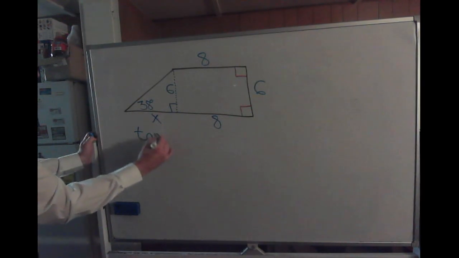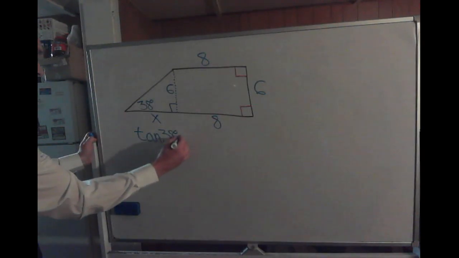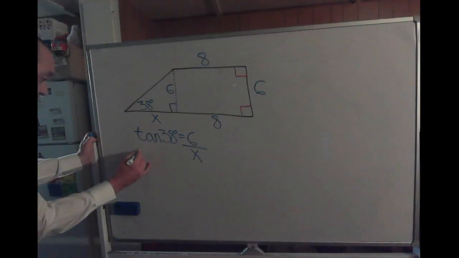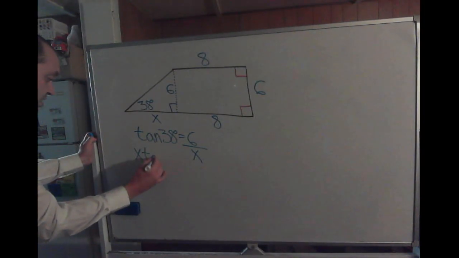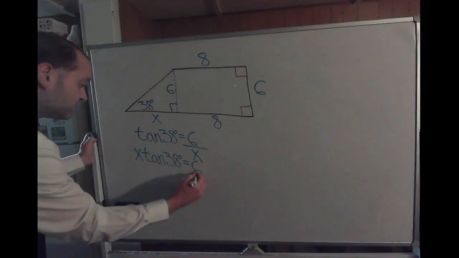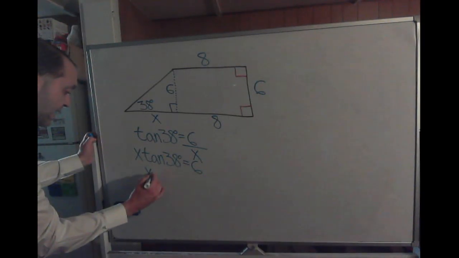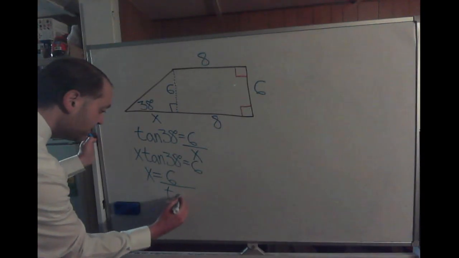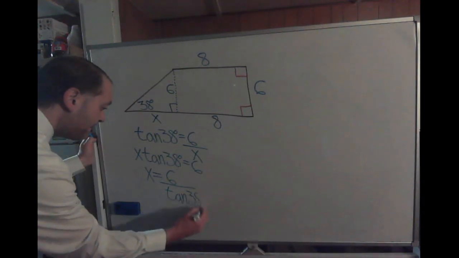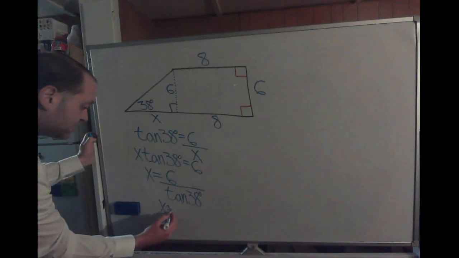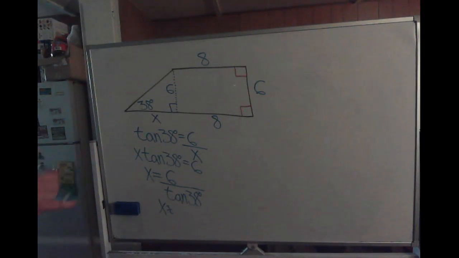So the tangent of 38 degrees equals 6 over x, which gives you that x times the tangent of 38 degrees equals 6, which means that x is exactly equal to 6 divided by the tangent of 38 degrees. Now we can find the length approximately to 1 decimal place. We'll go ahead and do that, but make sure your calculator's in degree mode.